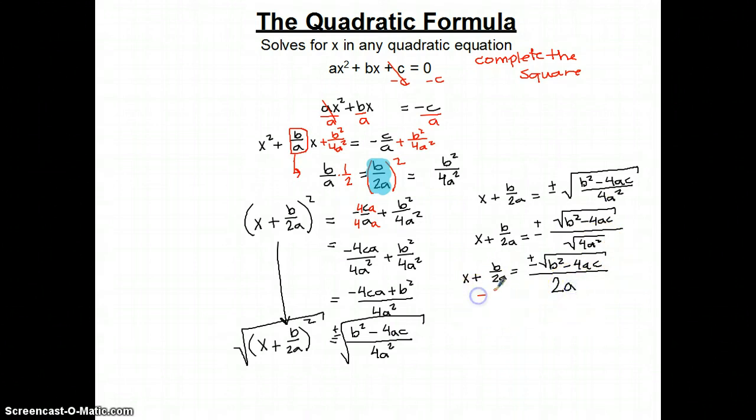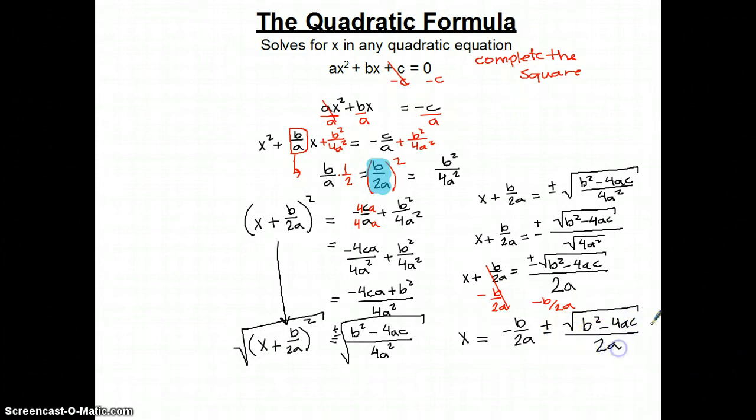Now I subtract my b over 2a from both sides. On the left I have just x. On the right I have a negative b over 2a, adding or subtracting the square root of b squared minus 4ac all over 2 times a.